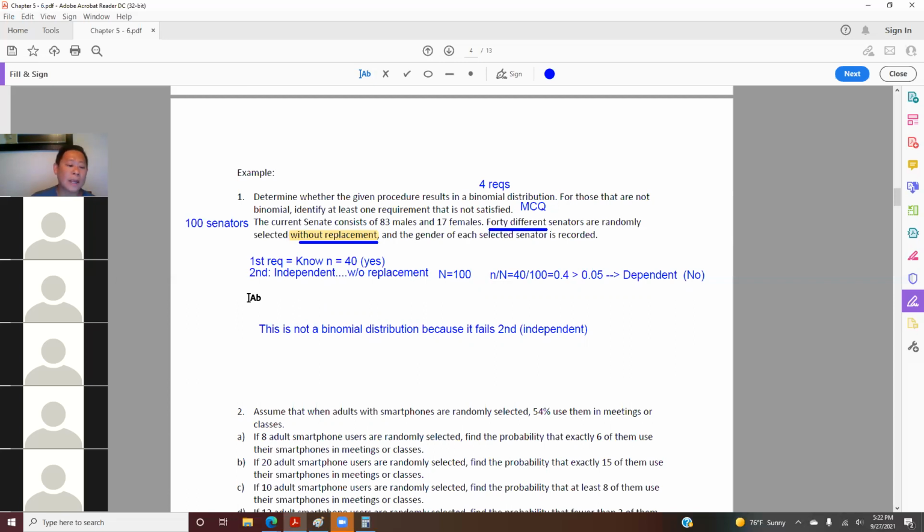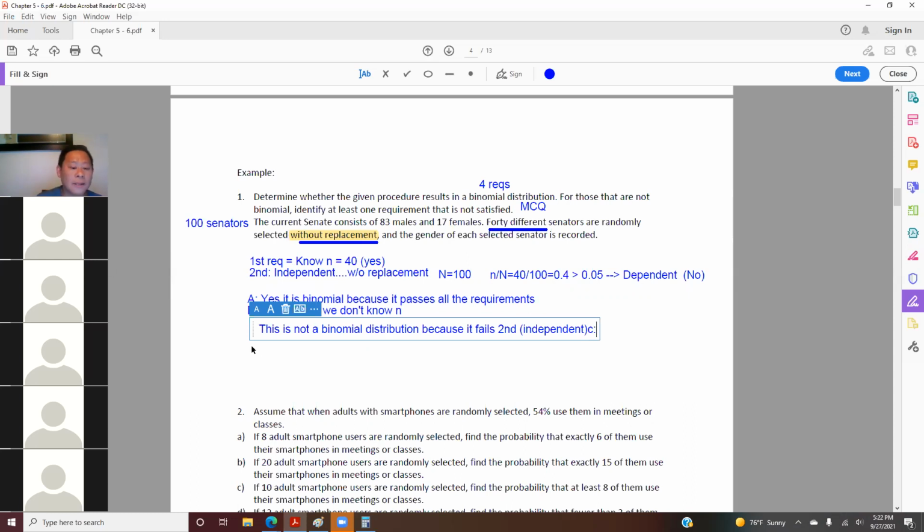I will say A, yes, it is a binomial because it passes all the conditions, all the requirements. B, no, because we don't know n. Okay. C is this fellow.